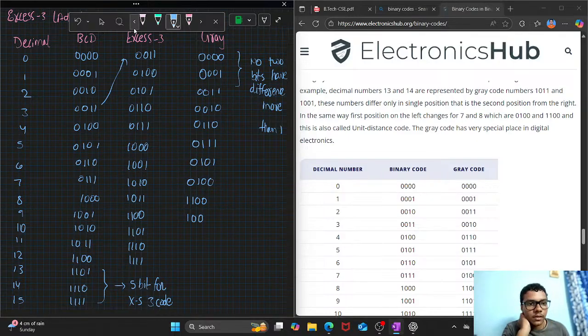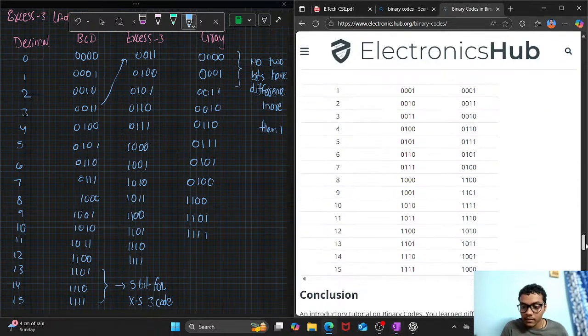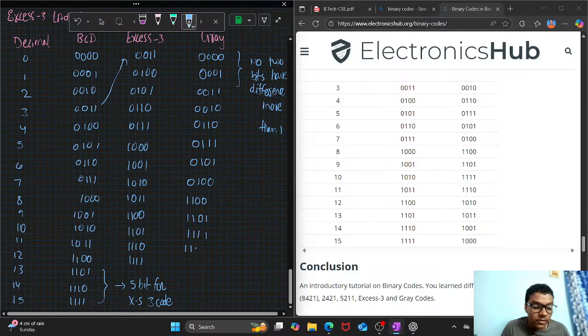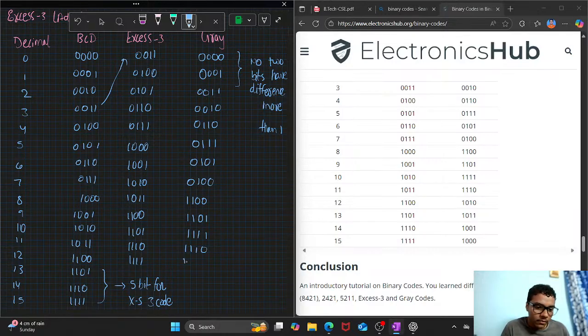For 10, it is 1, 1, 1, 1 plus 0 is 1, 0 plus 1 is 1, 1 plus 1 is 0.